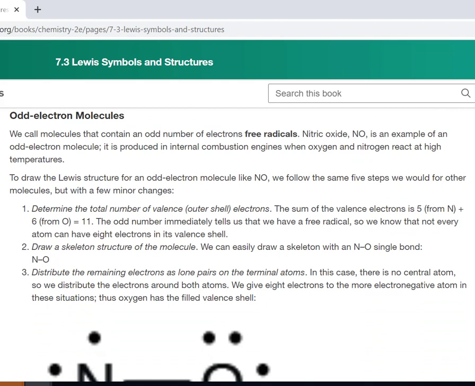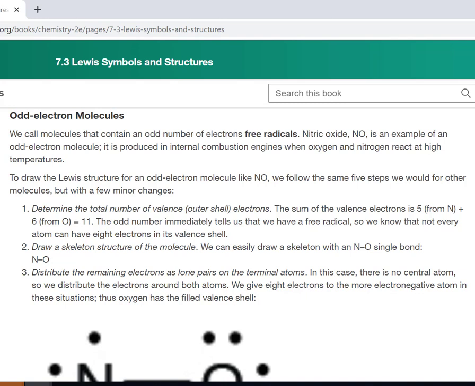When we have an odd number of electrons, we call that a free radical. It turns out that these type of molecules are typically fairly reactive because of having that odd number of electrons.